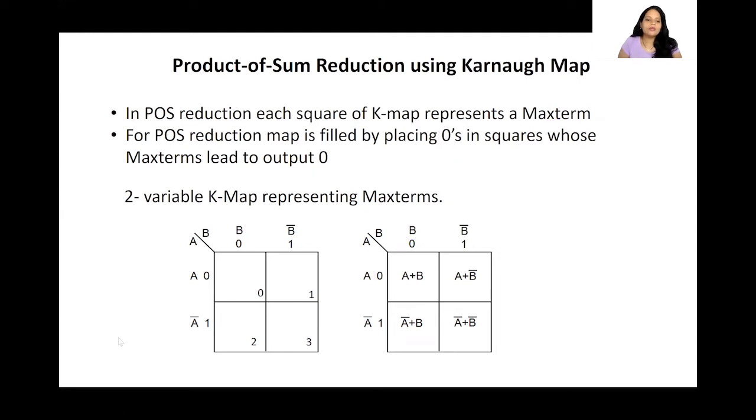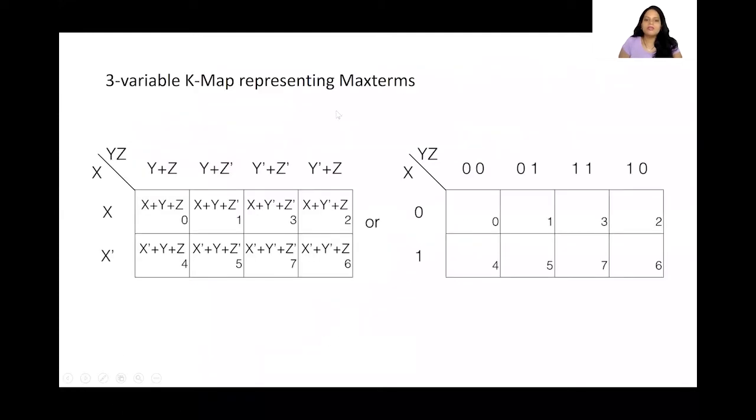Let's see how we represent a three variable K-map. Three variable is going to be something like this. See, the numbering is going to be the same. So here it is 0 0, this is 0 1, this is 1 1, and this is 1 0. The only difference is wherever there is 1, we are going to write a complement, and wherever there is 0, we are not going to write the complement.